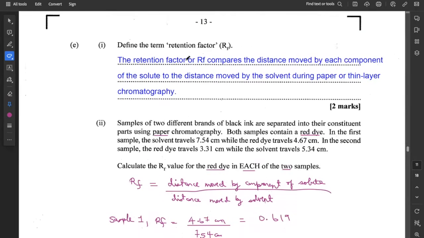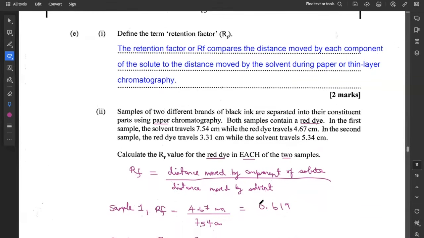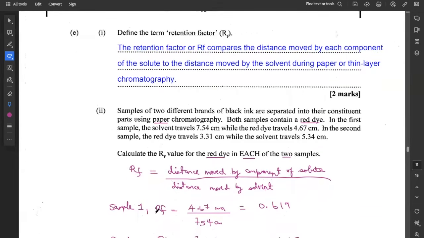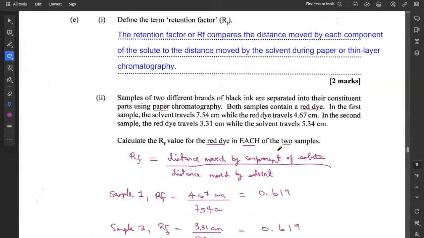So remember from up here what we said the RF value was. The RF value, the retention factor, is the distance moved by the component of the solute over the distance moved by the solvent. So for sample 1, our RF value is the distance moved by the red dye, 4.67 centimeters in this first sample, over the distance moved by the solvent, 7.56 centimeters.